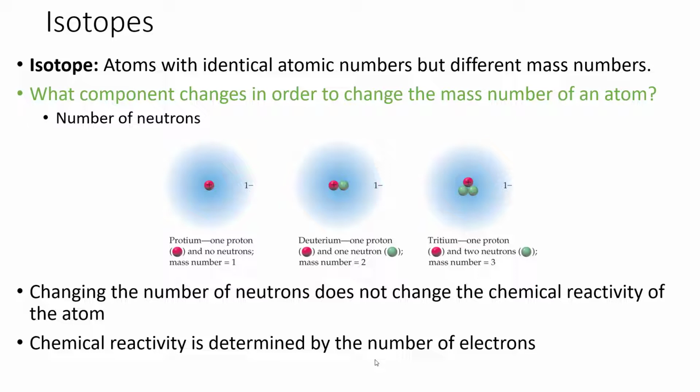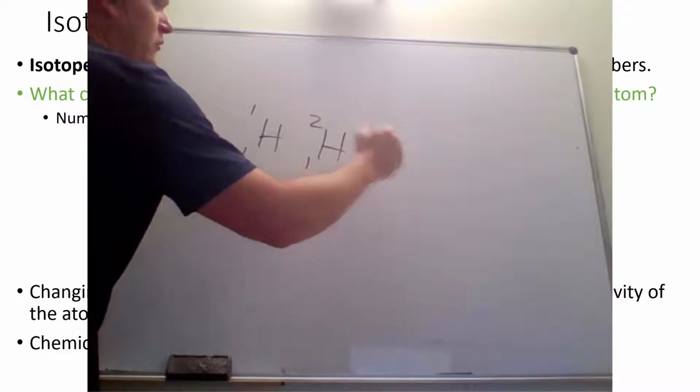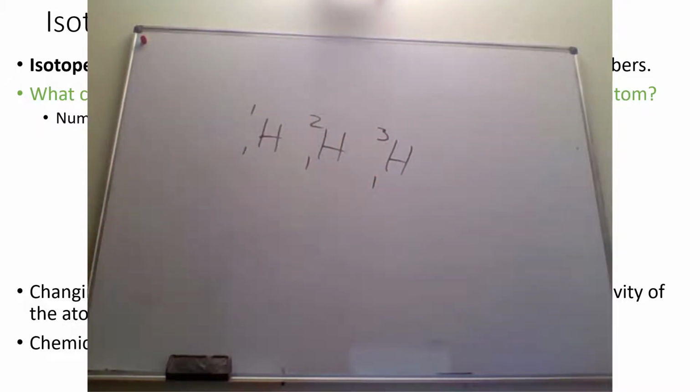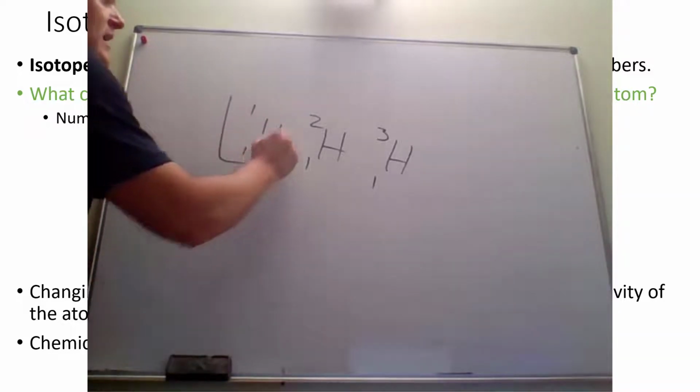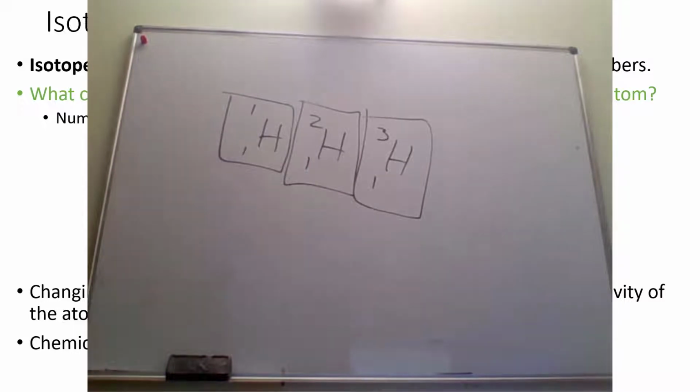All of these are still hydrogen, so let me write these back on the board. We have H1, H12, and H13. All 3 of these are individual forms of hydrogen.